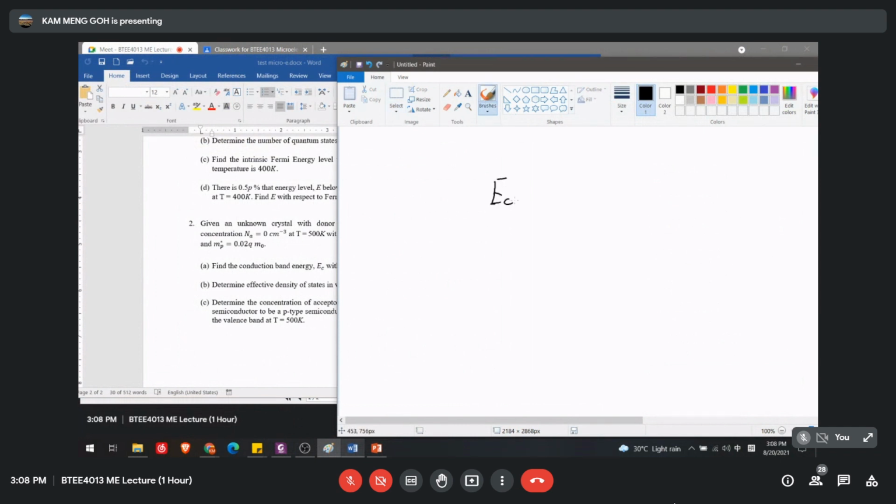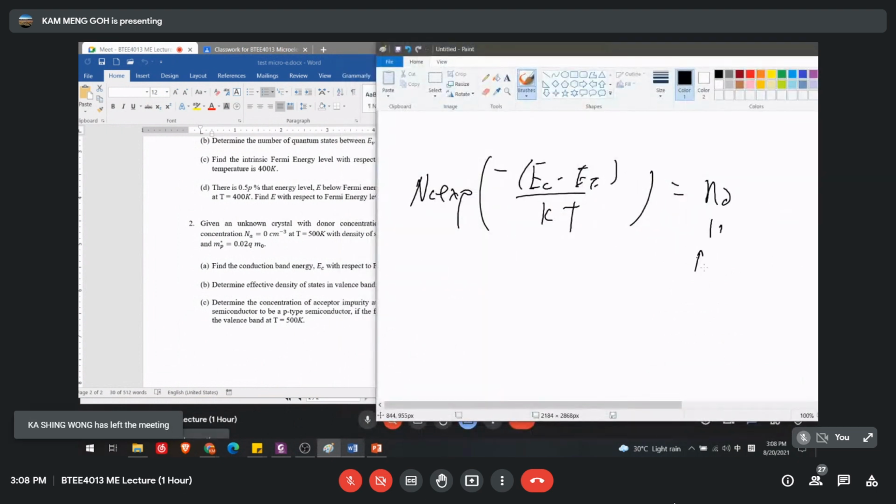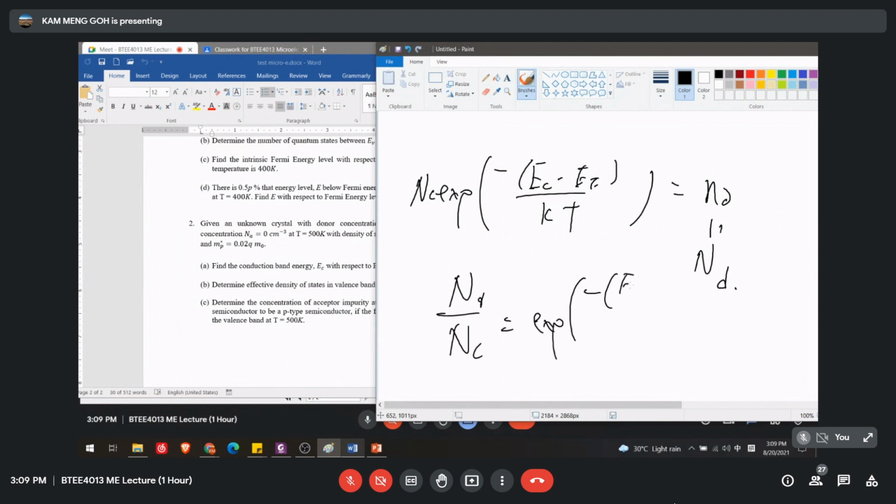This one is EC minus EF over KT exponential, then NC will be equal to the NO. Then you need to make the assumption that this will become the ND. And then you restructure everything: ND over NC equals the exponential of minus EC minus EF over KT.